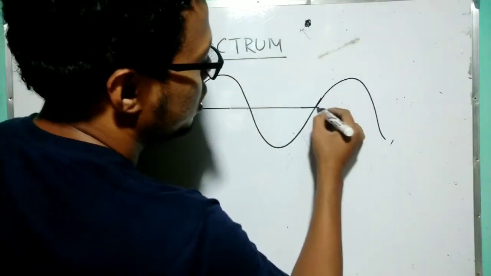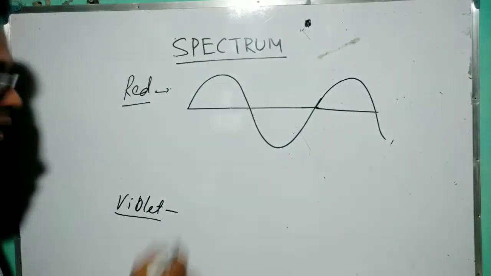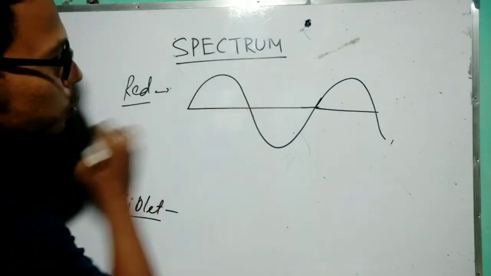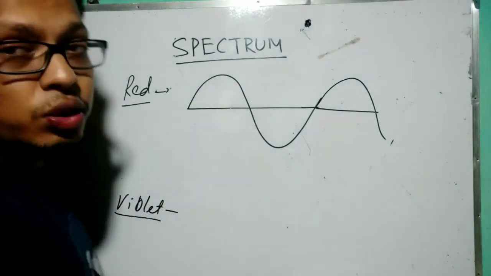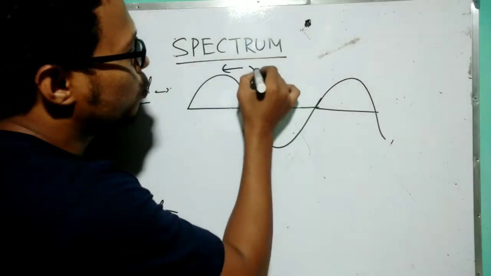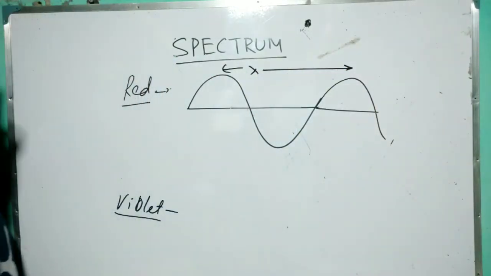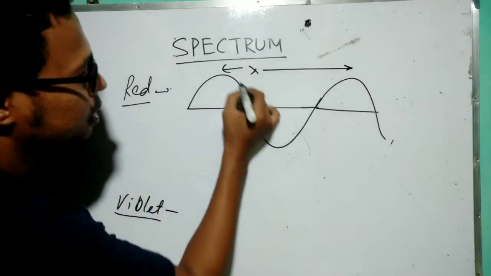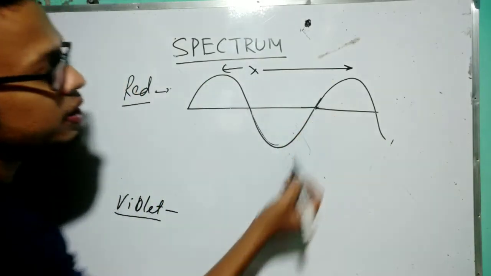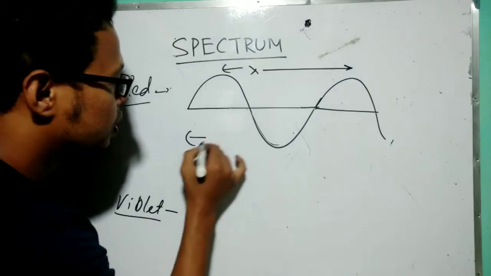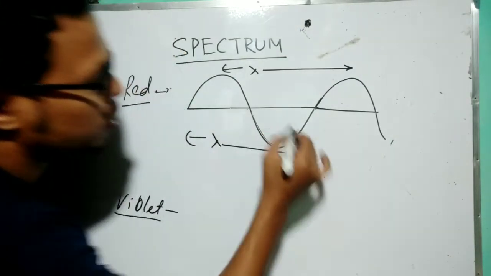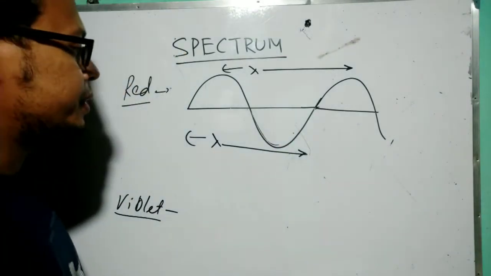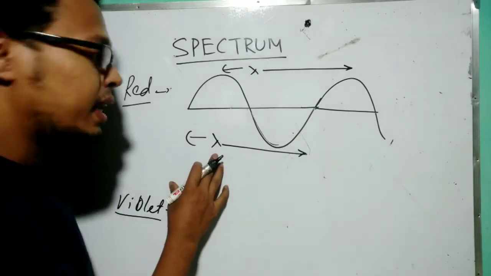Suppose this is the wave for red color, and in this red color, what is wavelength? The distance between 2 peaks is called the wavelength. Otherwise, for one complete wave, from here to here, this is one complete wave. So this distance is also called the wavelength. It is represented by lambda.